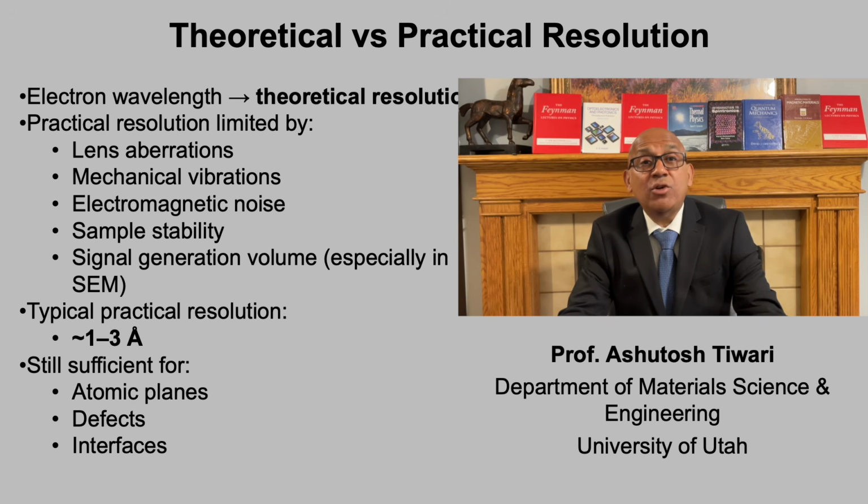This interaction volume can ultimately limit spatial resolution. As a result, most electron microscopes achieve practical resolutions of a few angstroms rather than fractions of an angstrom. Even so, this resolution is sufficient to directly image atomic planes, defects and interfaces in crystalline materials.